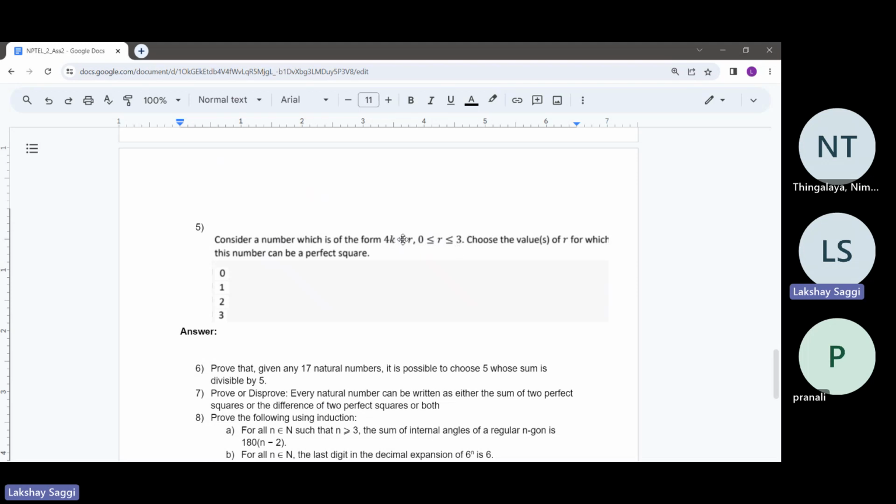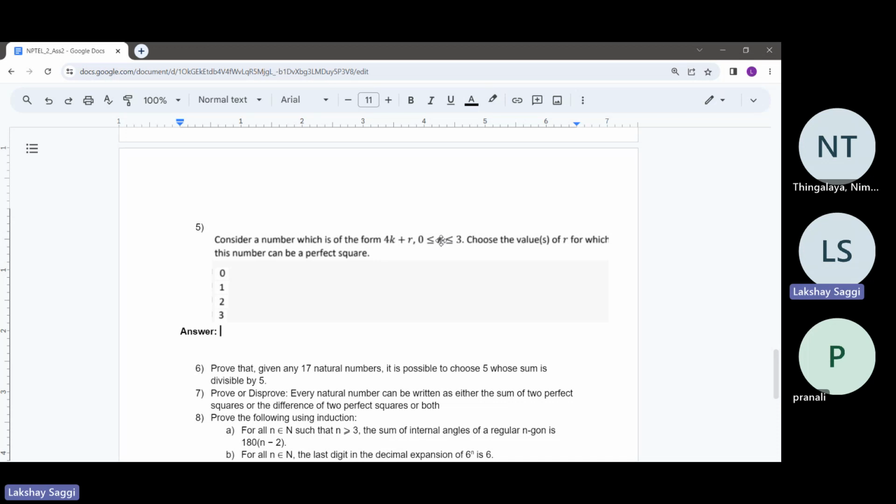Let's say if we want to write 7 in this form, then 7 can be written as 4 into 1 plus 3. Similarly, 151 can be written as something like 4 into 37 plus 3. So one basic thing is that any number can be written in the form 4k plus r.